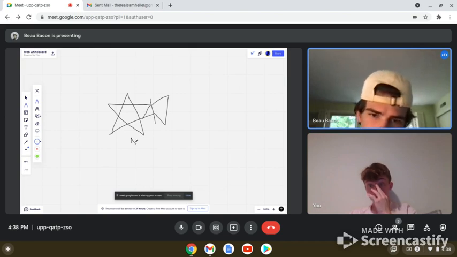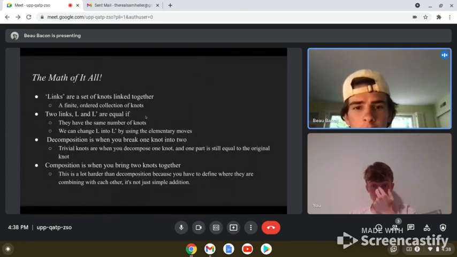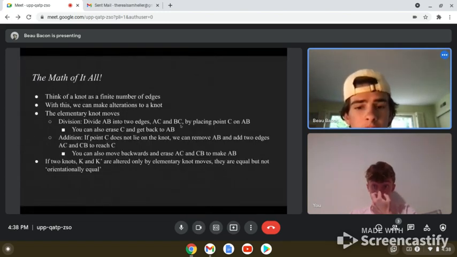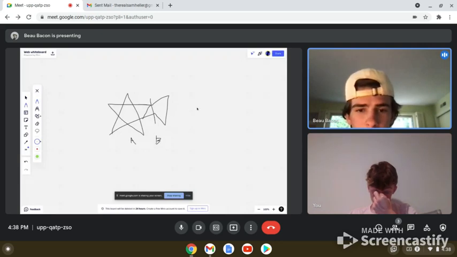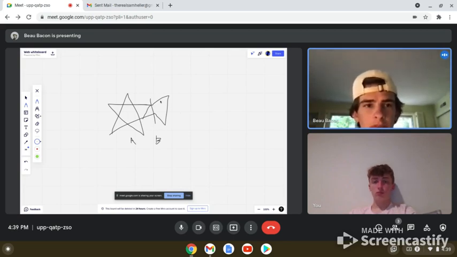We'll just call this A and B. And we have a trivial knot. So this decomposition was technically trivial because since there's no lacing or interlooping in this knot that we cut off, A is still equal to the knot that we had before.